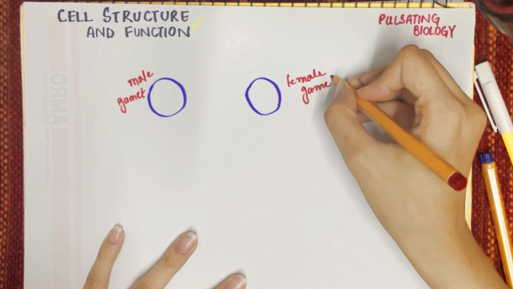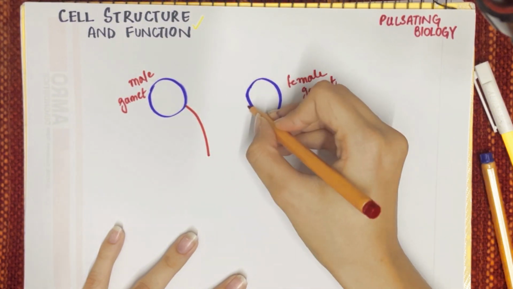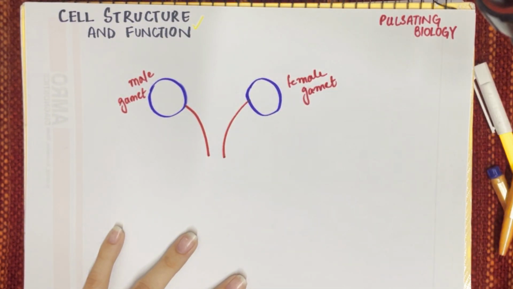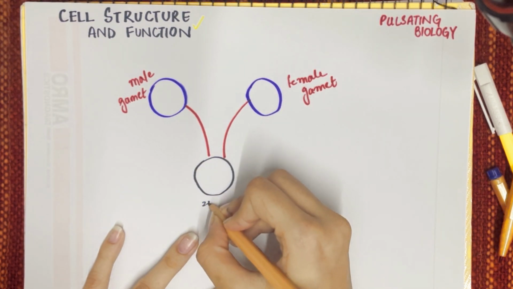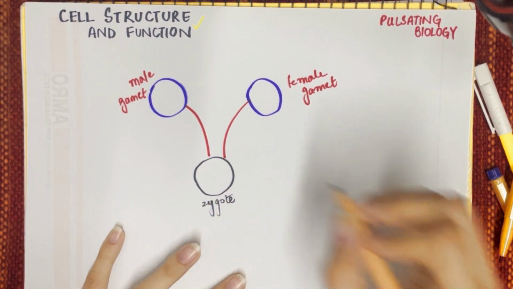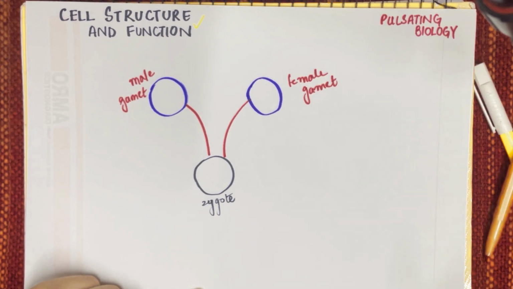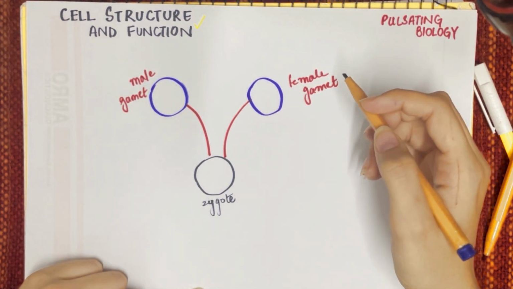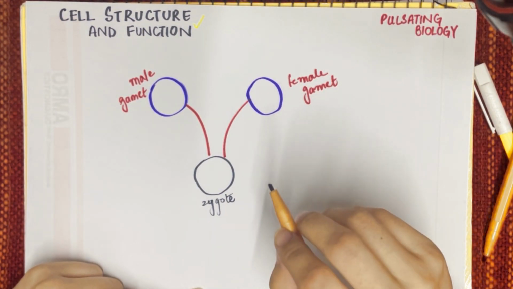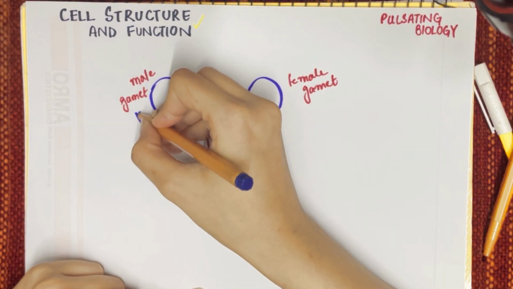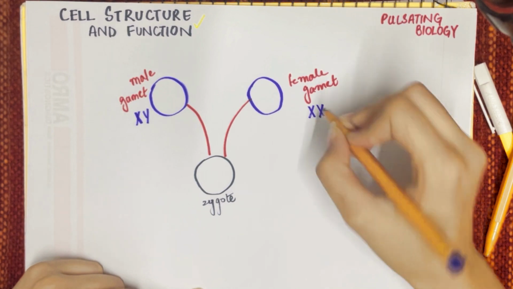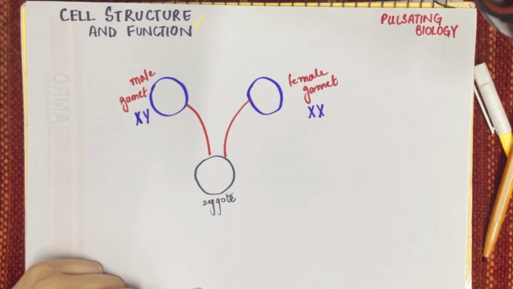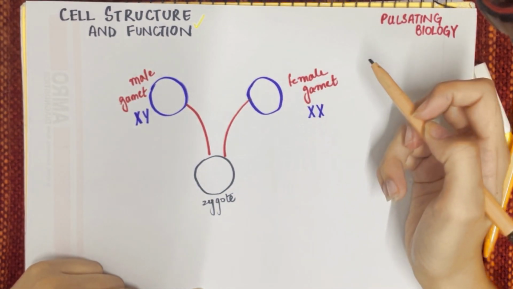All of us know that when a male gamete meets a female gamete, it produces a third cell that is named the zygote. We will be learning about the zygote, but first let's look at the male and female gametes. The male gamete has the chromosomes X and Y, whereas the female gamete has X and X. So, how many chromosomes does each of these gametes carry?